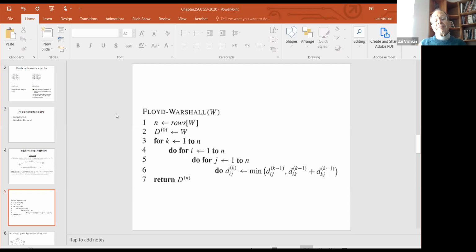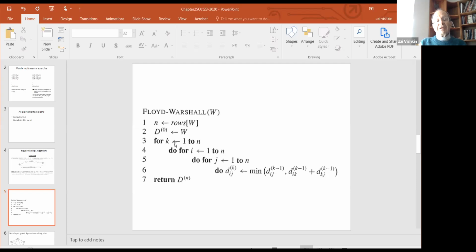And now what I'm going to do is have three loops, one within the other. Here, I'm going to advance the variable k, which, as you know by now, will include the list of intermediate nodes from 1 to n.